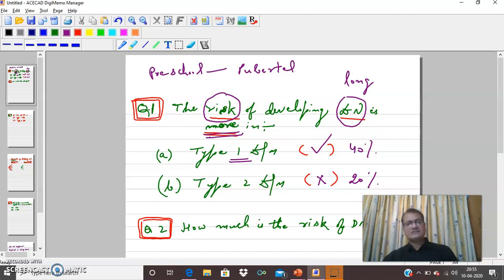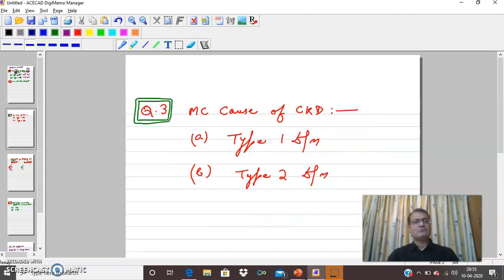Suppose if this question is asked that most common cause of CKD, then you need to mark the answer as type 2 diabetes. So why type 2 diabetes is the answer now? Because we all know that 90% of the diabetes we see in clinical practice is type 2 diabetes.